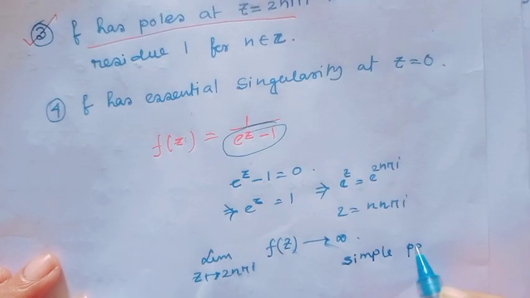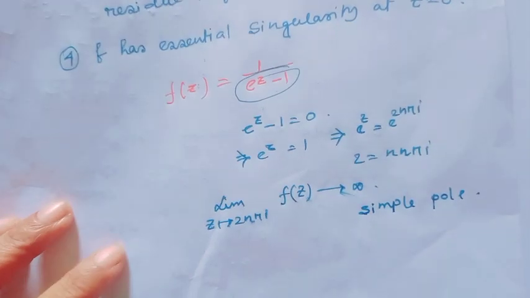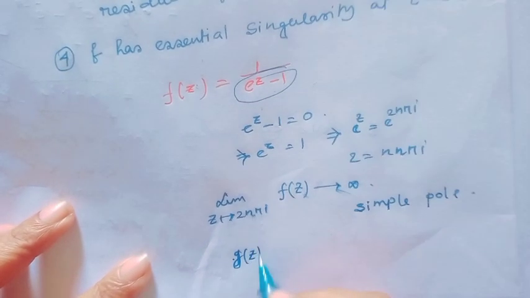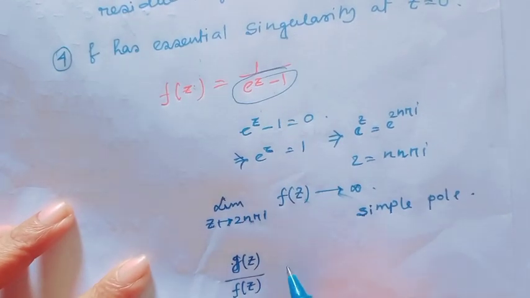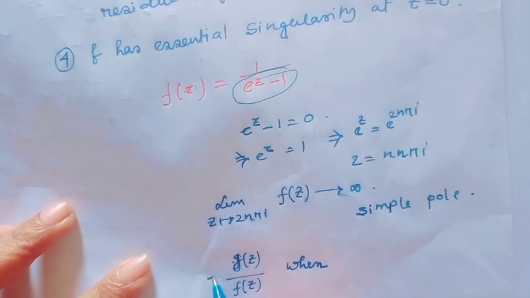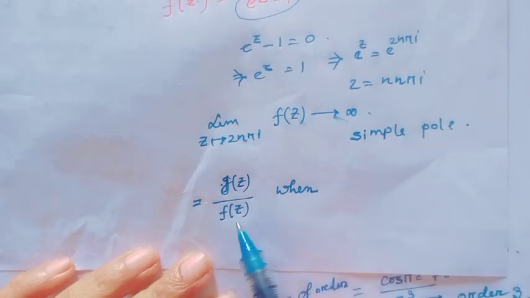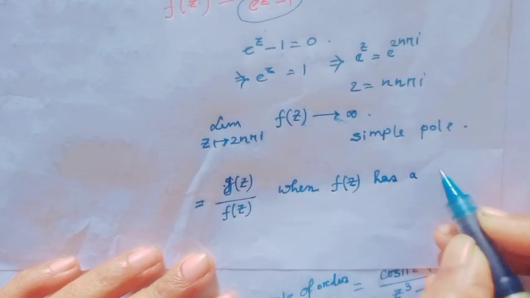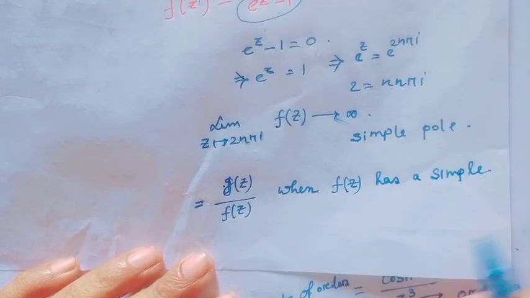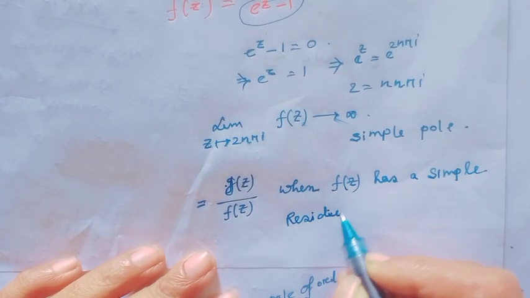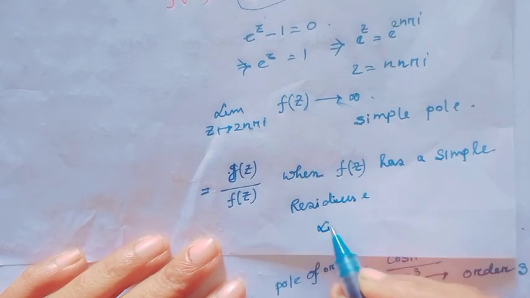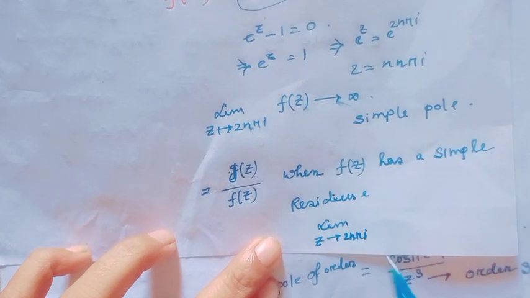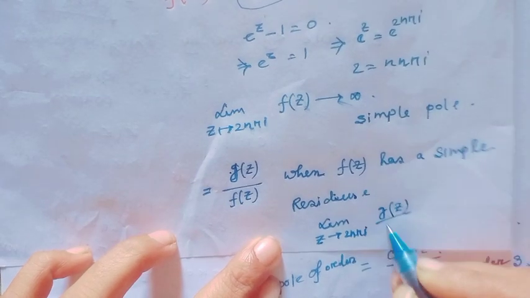Now we have to find the residue. We all know that when the function looks like g(z) over f(z), and f(z) has a simple zero, then the residue is the limit as z tends to 2nπi of g(z) over f dash z.